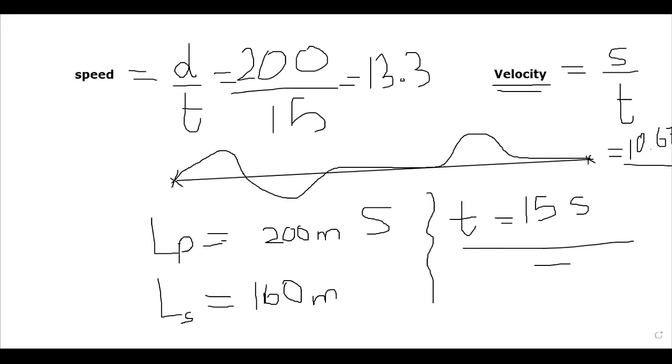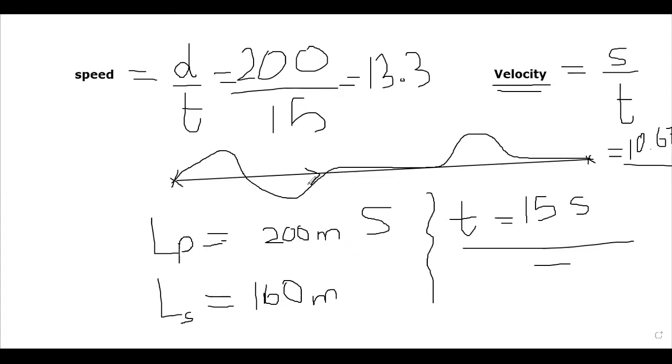No, there has to be a direction. How can I find the direction of the velocity? Let's agree that the direction is in this way. How can I express the direction? You could say east.